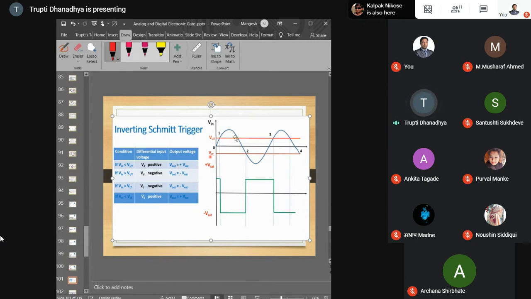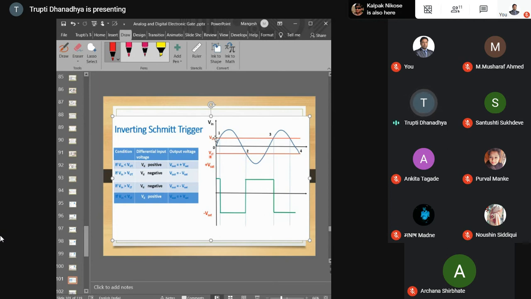You can see a sine wave is provided here, and we are going to compare it with the upper threshold voltage and lower threshold voltage. Here is the upper threshold voltage for reference, and here is the lower threshold voltage. By using this condition, we have to design this output waveform, and we get the output like this. Also, we can perform this practical by using a breadboard and analog circuit, and this type of waveform is visible in the practical also.